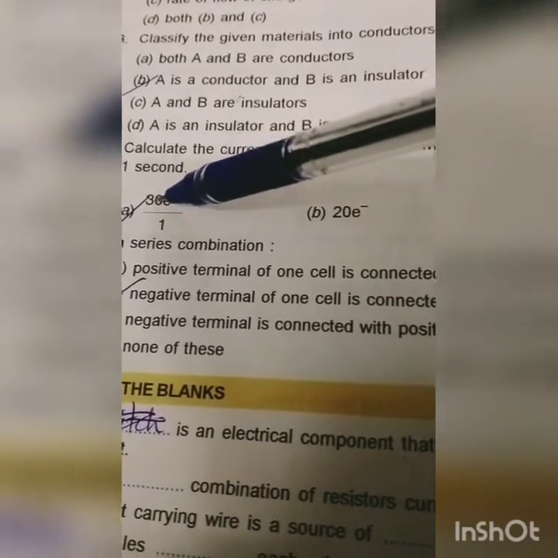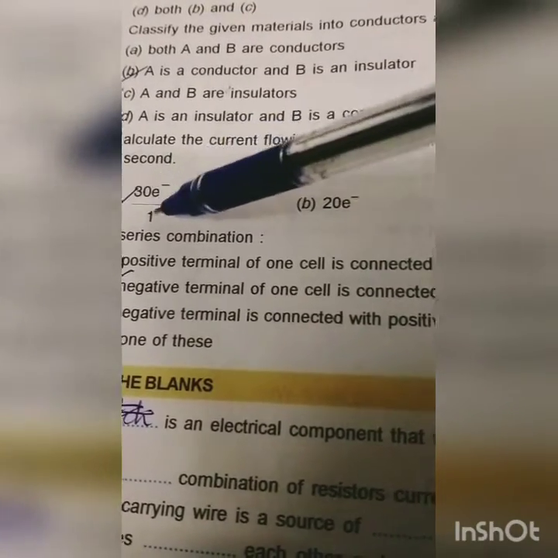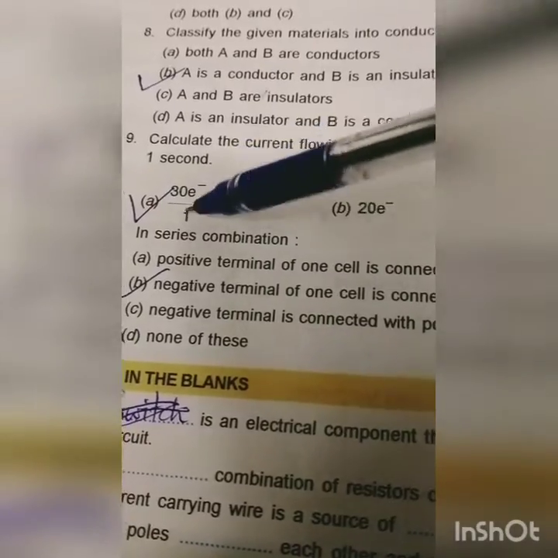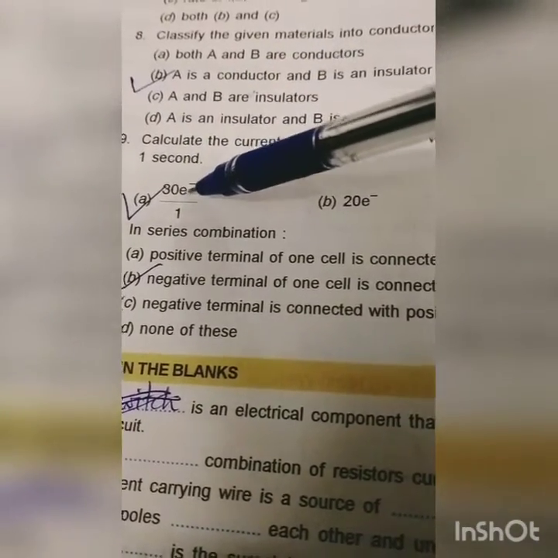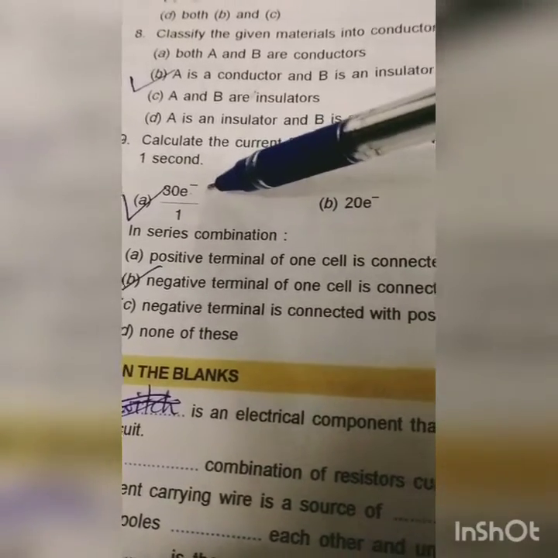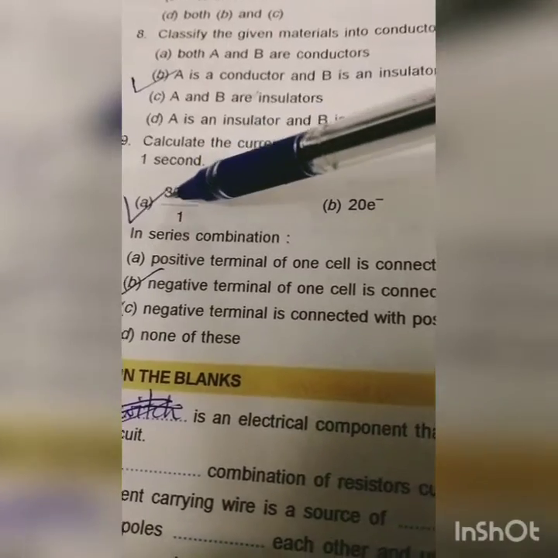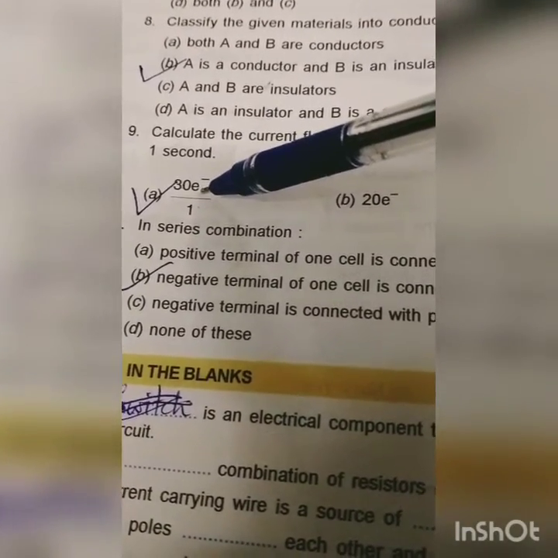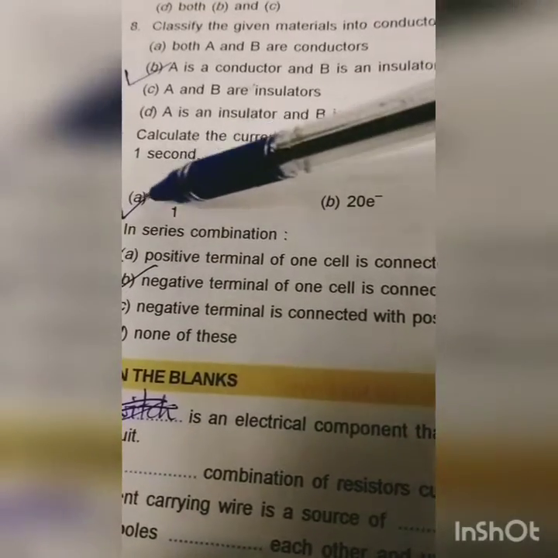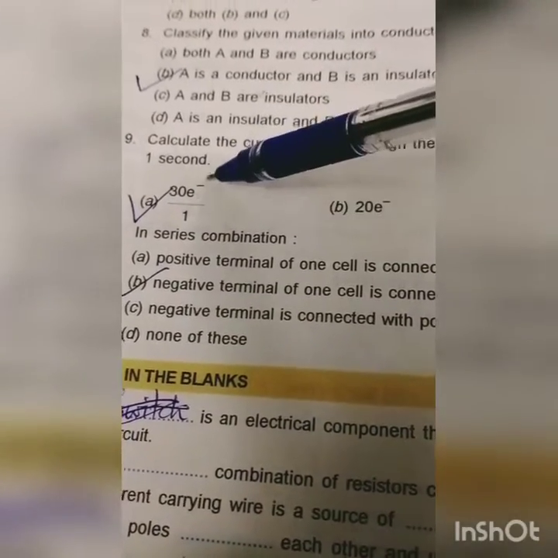So now 30 electrons are there. So this is the charge of an electron here. We have written E for it. Okay, use the symbol. Suppose it is negative E, because an electron has a negative charge. So 30 electrons will have 30 multiplied by E. So the total charge is 30 E, and divide by the time taken.